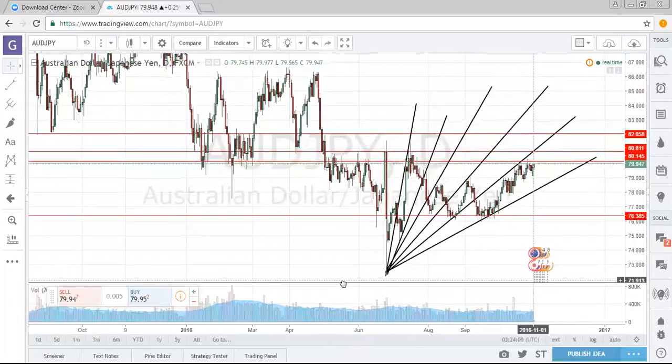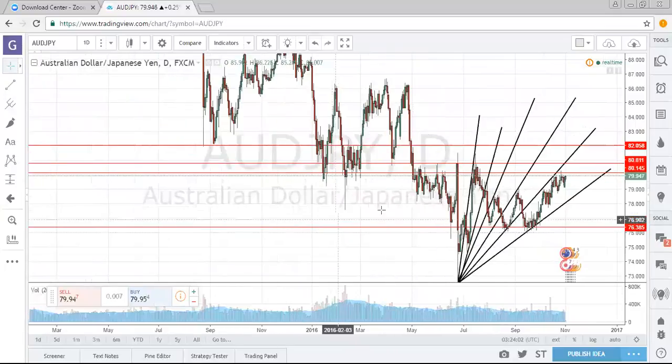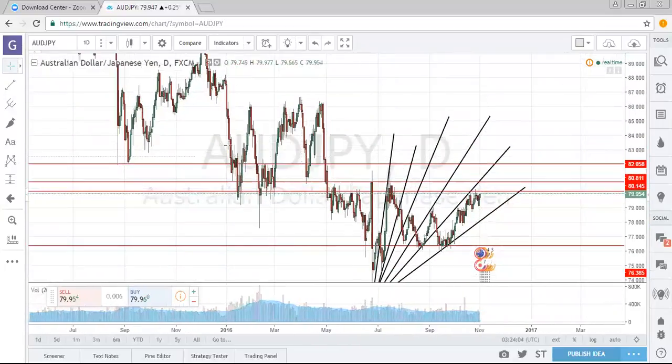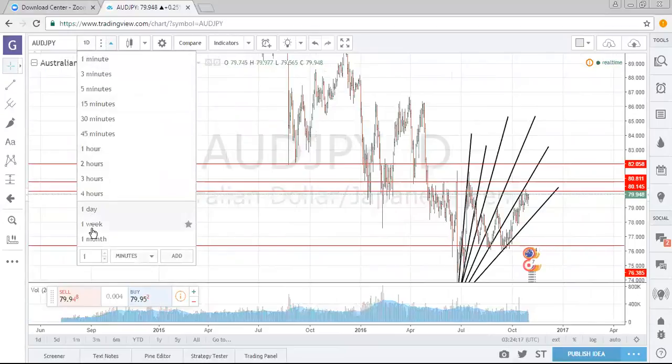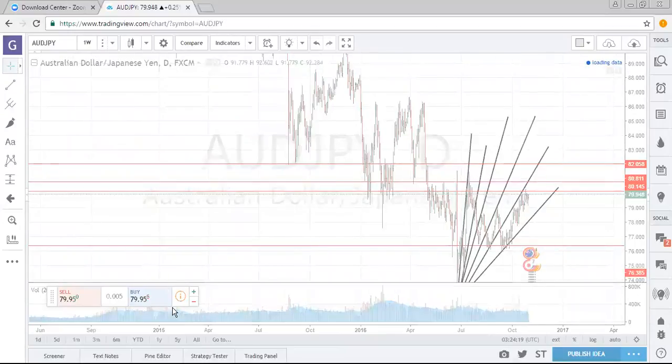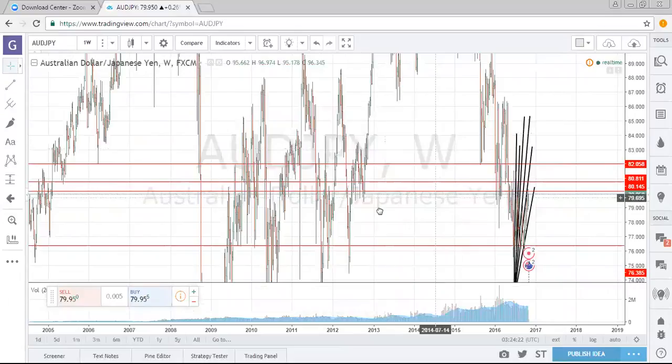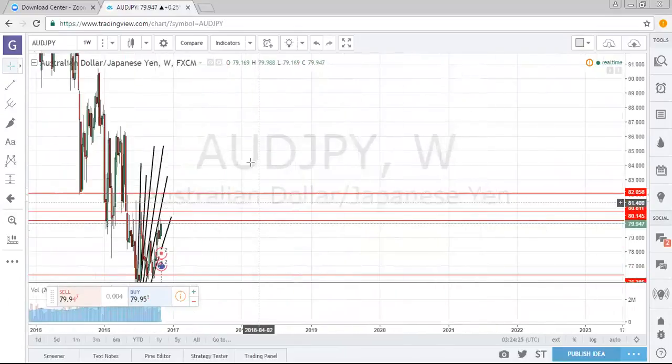Okay, cool. Now, this is on the daily. This is the daily chart. I'm working on a larger and larger scale, and a lot of people trade the daily chart to hold their positions, make a lot of money. Okay. Now I'm gonna go up to the weekly. Okay. Now that looks insane.